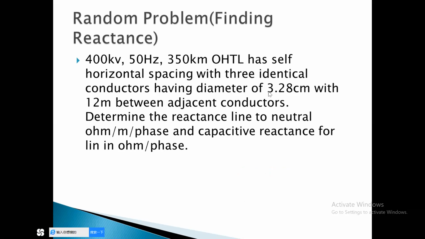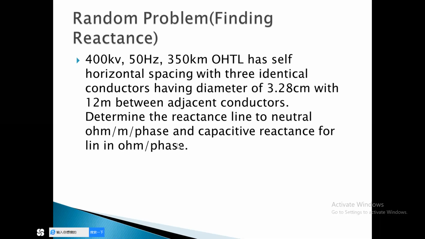It has a diameter of 3.28 centimeter, with 12 meter between adjacent conductors. We have to determine the capacitive reactance line to neutral in ohm per meter per phase, and the capacitive reactance for the line in ohm per phase.